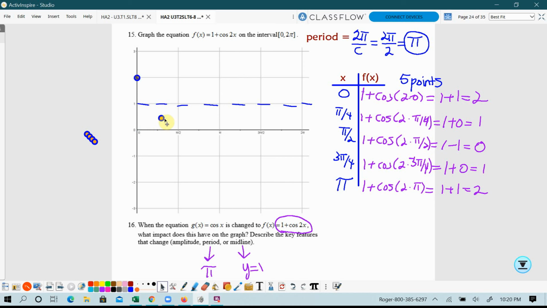Pi over 4 is right in the middle here, remember? Then pi over 2. And then 3 pi over 4. And then pi. Now remember, according to the directions, we're supposed to graph this on the interval from 0 to 2 pi. This just takes us to pi, remember? So we need to sketch another rotation.